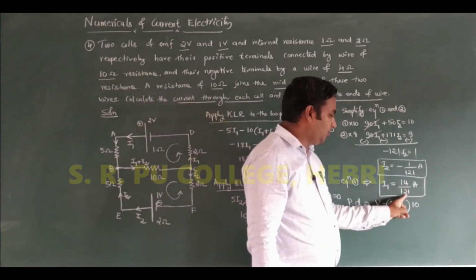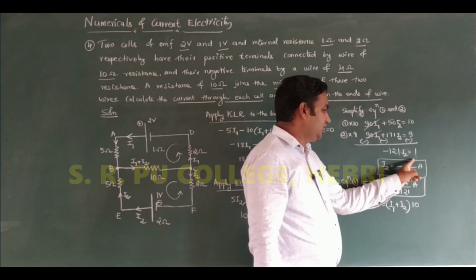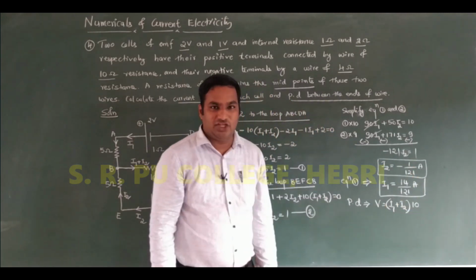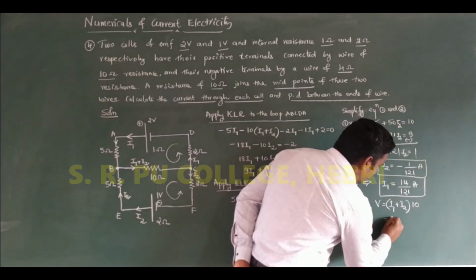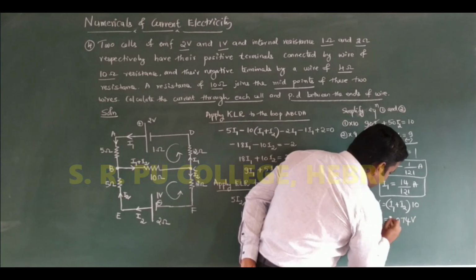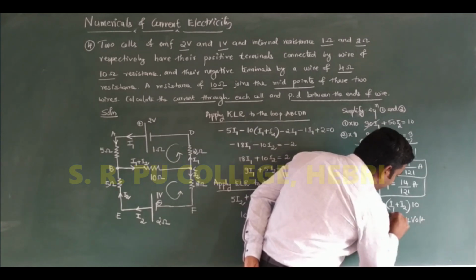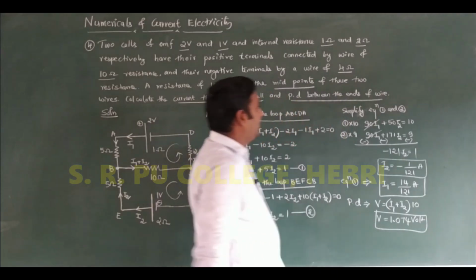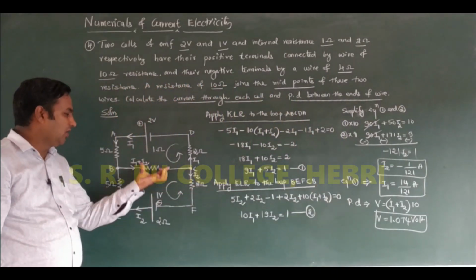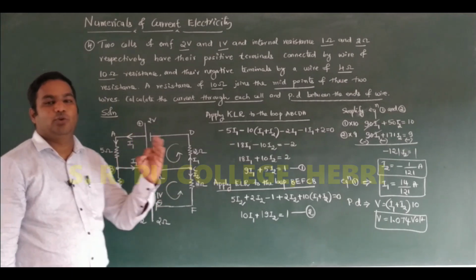I1 is 14 divided by 121, I2 is minus 1 divided by 121, into 10. After simplification, we get 1.074 volt as the answer for the potential difference between the ends of the wire BC, or the potential drop across the 10 ohm resistor.